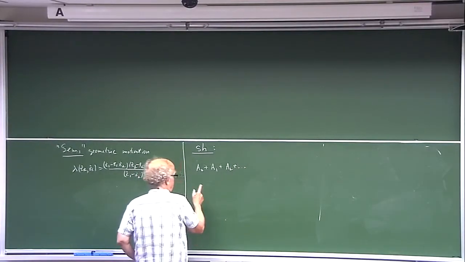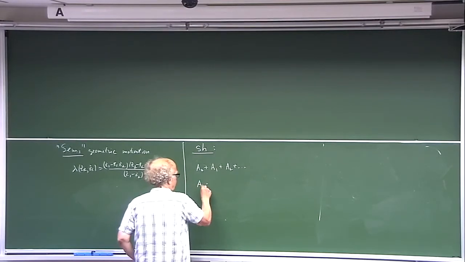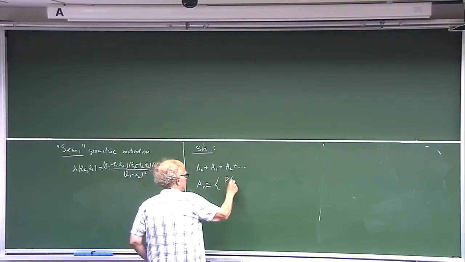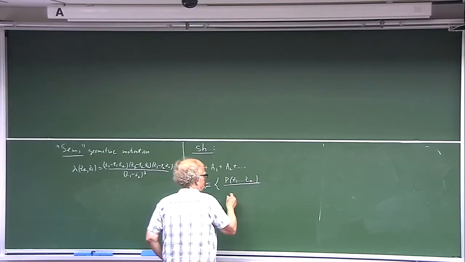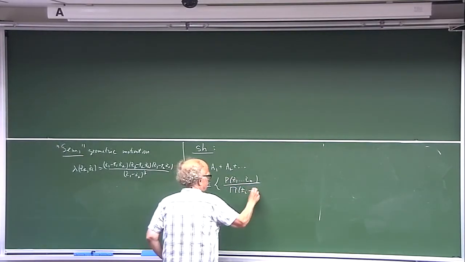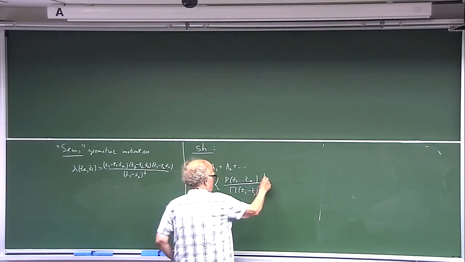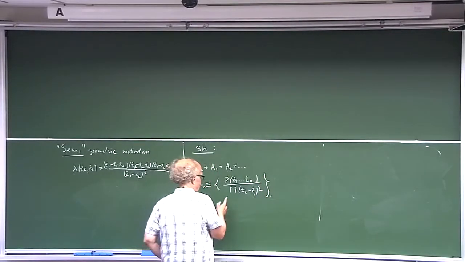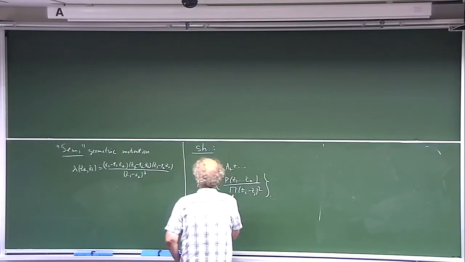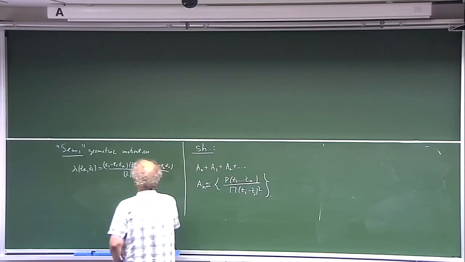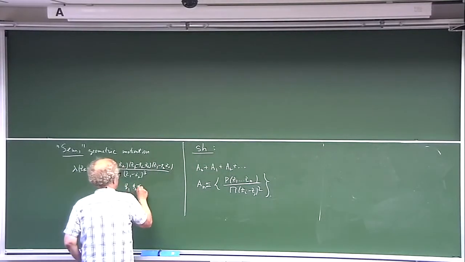Then A_n is the space of polynomials in C1 through Cn. Here we have the product of (E_i minus E_j) squared. This function has to satisfy the wheel condition, and this wheel condition follows from the relation Q1 Q2 Q3 equals 1.